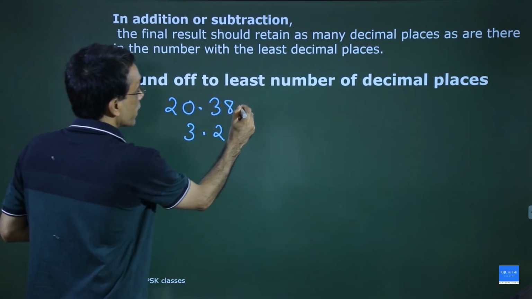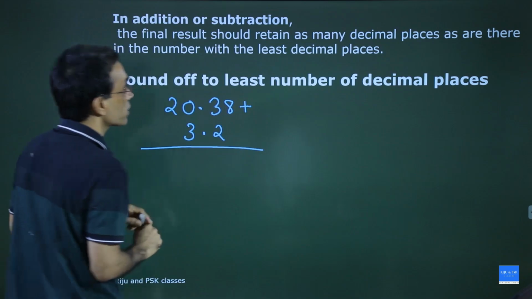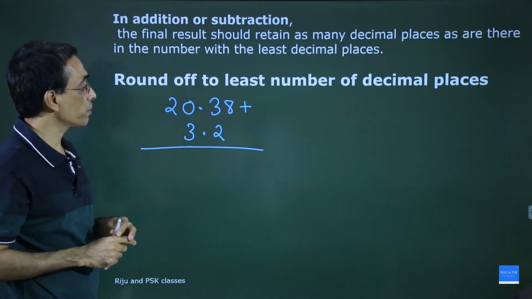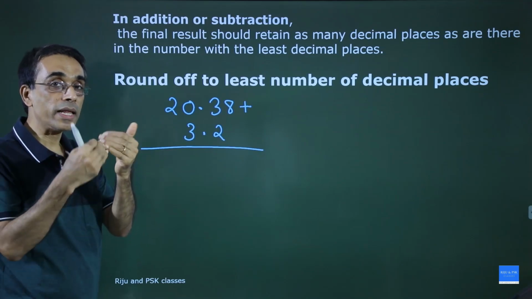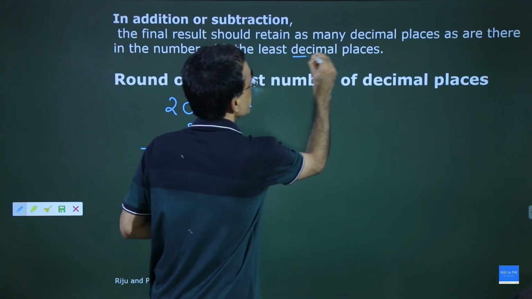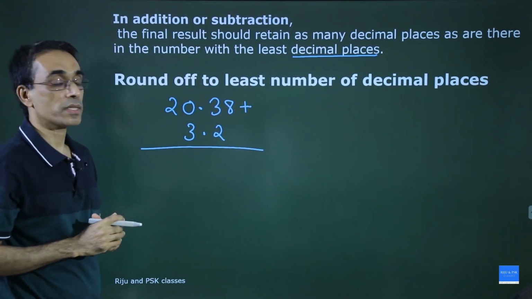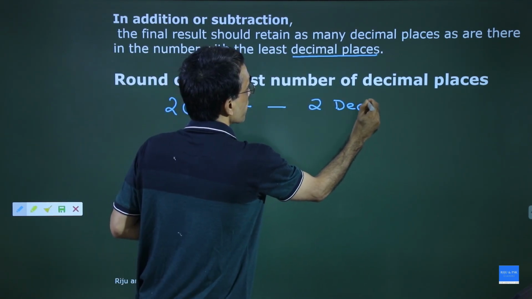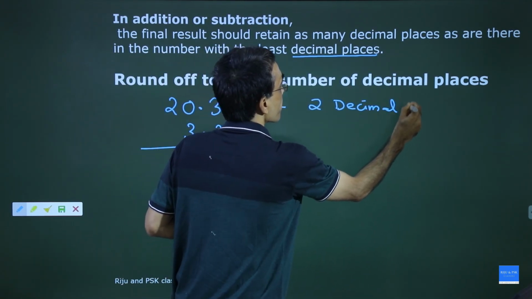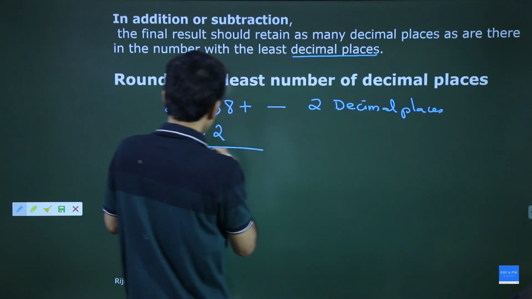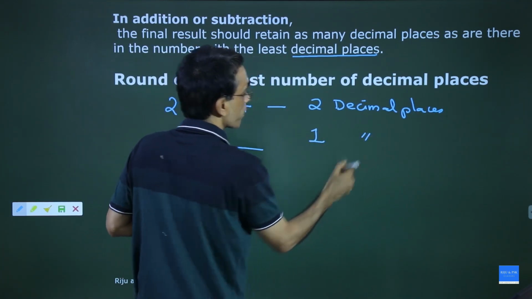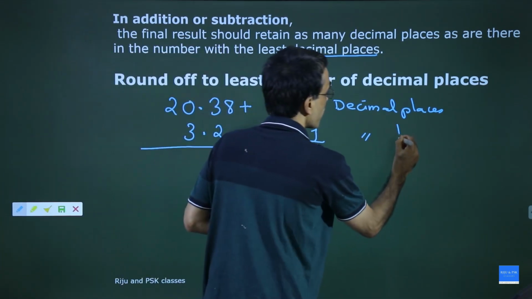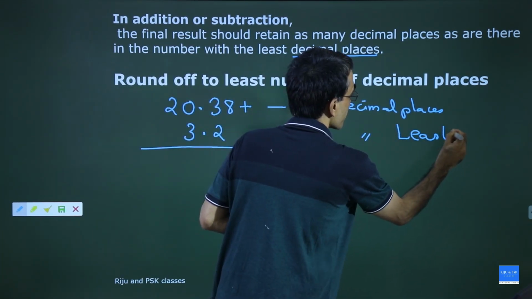In addition, if you want to add 2 numbers, the rule says to check which one has the least number of decimal places. You can see this has 2 decimal places. This has only 1 decimal place. So the second number has the least decimal places.